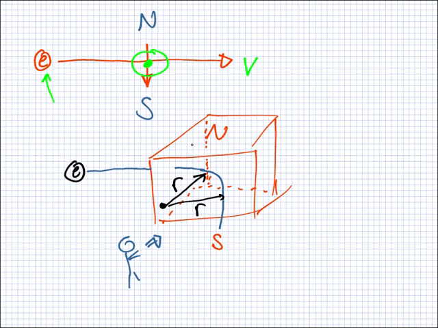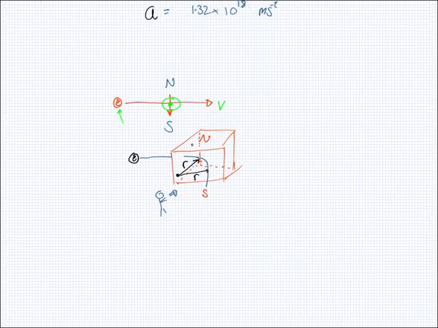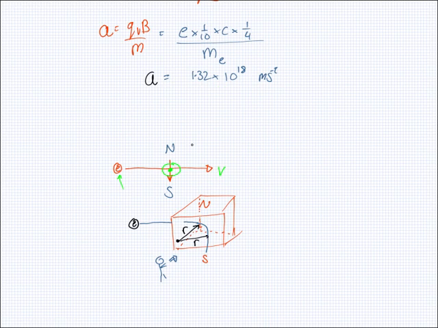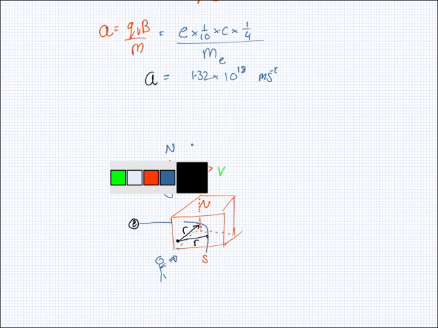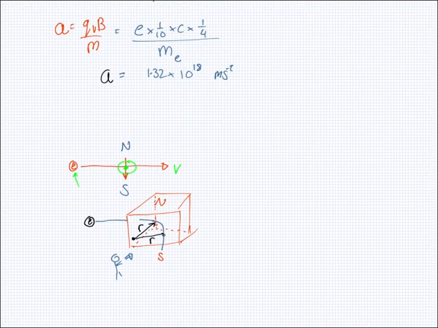I have the answer. The V is constant, same V. So it's V squared over R. Very good, Ben. A equals V squared over R, and you know V, you know A. Easy.